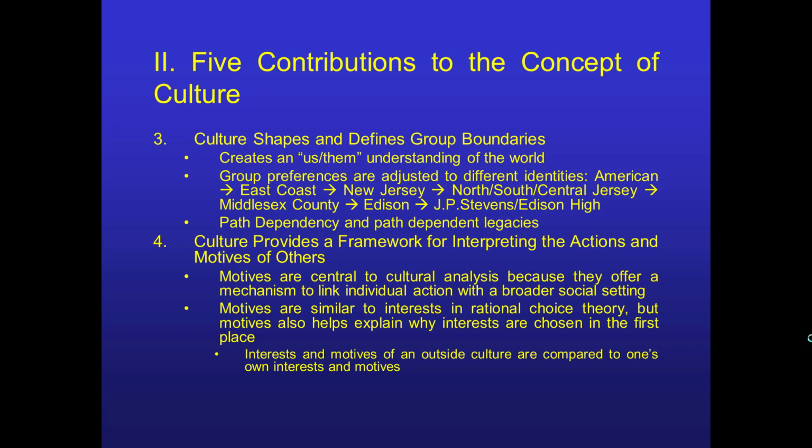Rational choice theory is, in so many words, an understanding that we do what we do based on some kind of utilitarian rationalization, right? So, for instance, we do things not because we necessarily want to, but because we have to.